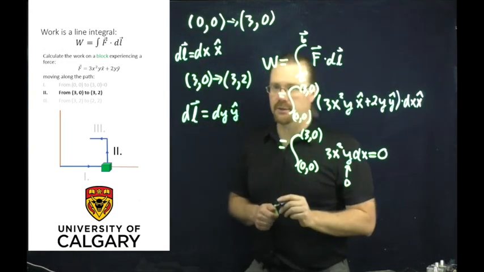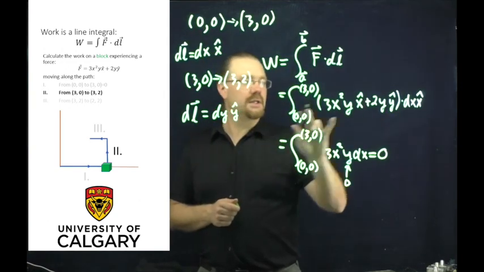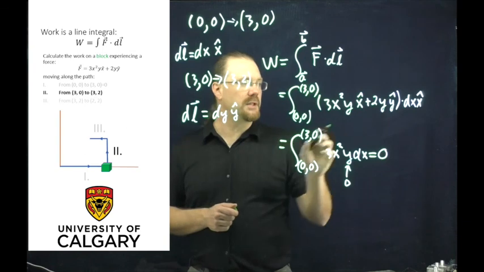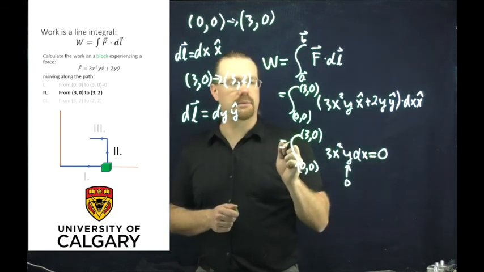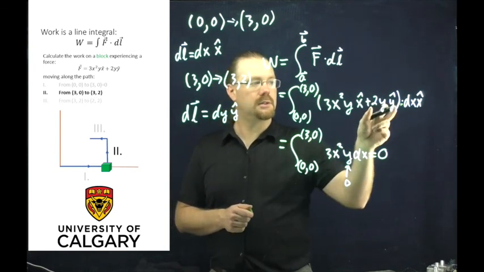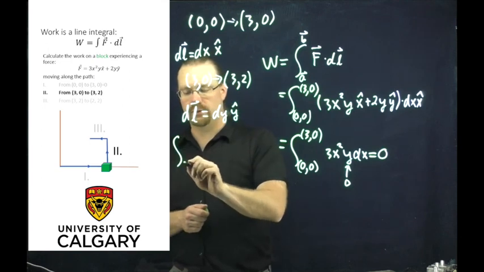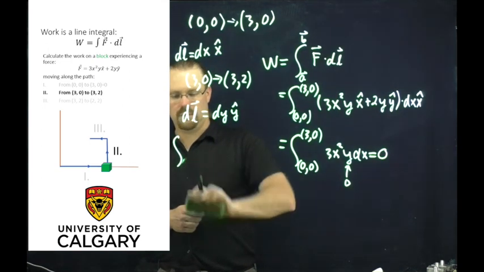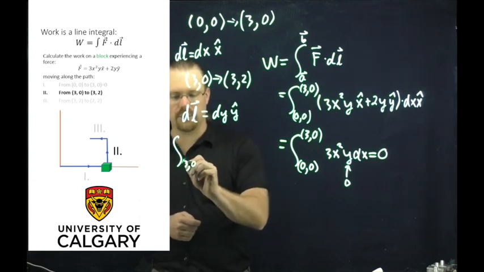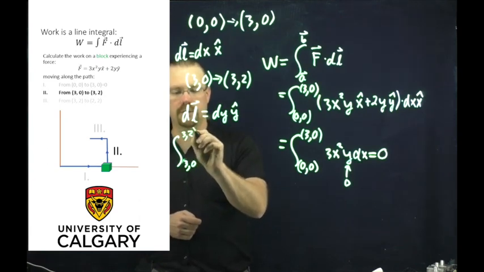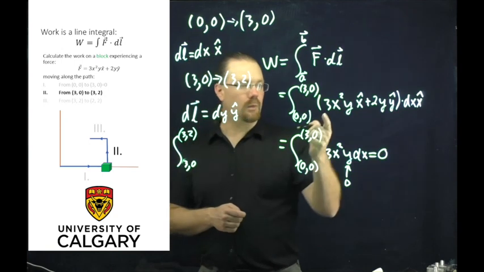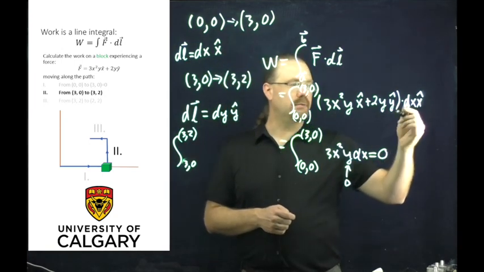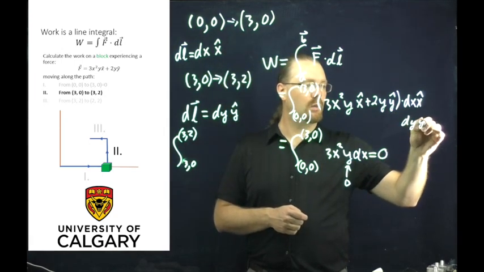Because it's pointing in the y hat direction, we're once again going to take this dot product, but this time, only this term is going to wind up surviving. So we're going to go from 3, 0 up to 3, 2. And then we're going to have this same thing, but it's going to be dy y hat.